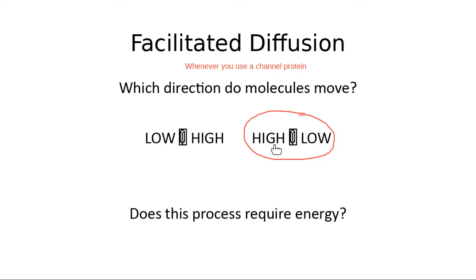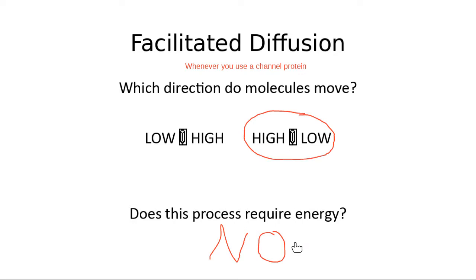Hey, when we go from high to low, from a lot to a little, does that take energy? Yeah, no energy required. When we go from high concentration to low concentration, that doesn't take any energy.